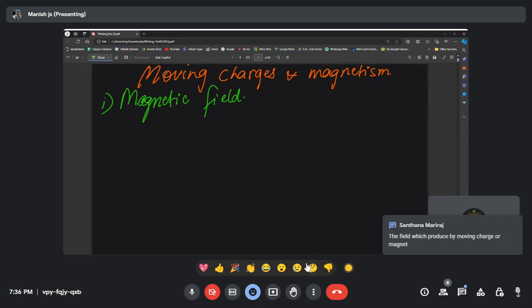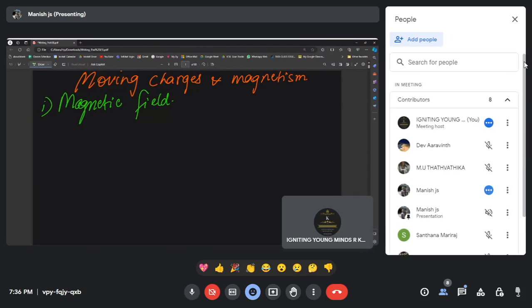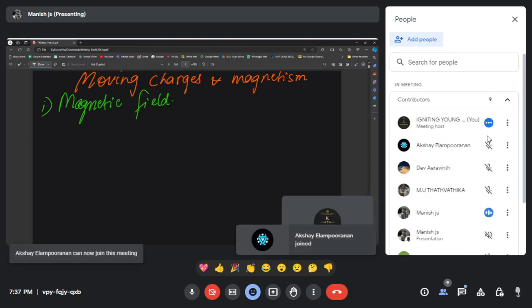So magnetic field in simple terms can be defined as a region surrounding the magnet where its influence can be felt. When I say influence, I mean it can be attraction or it can also be repulsion. There are two different types. Either it can be an attractive field, or it can also be a repulsive field. So that is what is magnetic field.